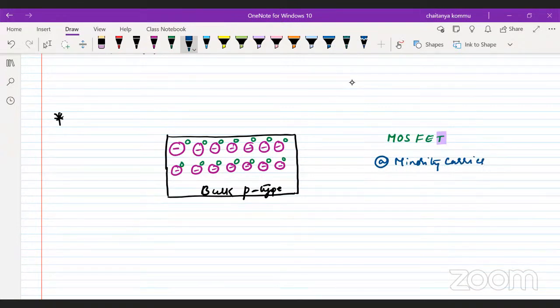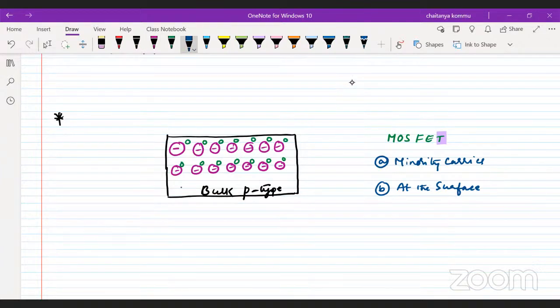Minority carriers are required, and that too at the surface. These are very important points that we need to remember in order to construct a MOSFET. If you want minority carriers at the surface, that means we have to attract whatever minority carriers are available within this bulk. We need to attract all of those, right?